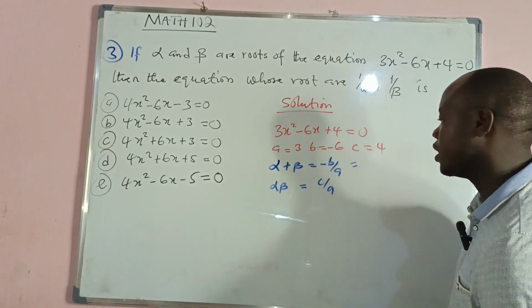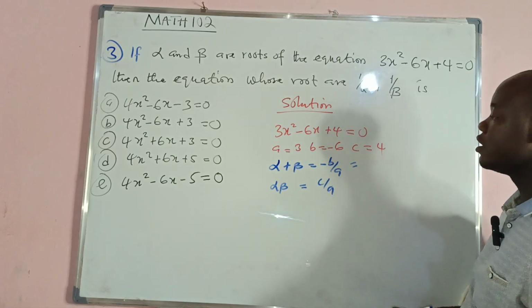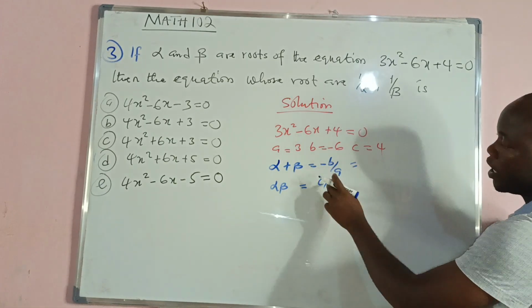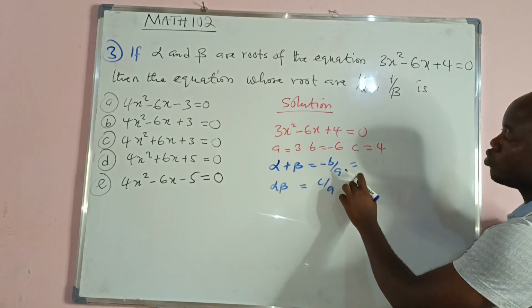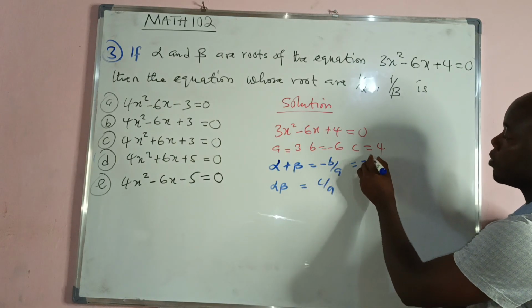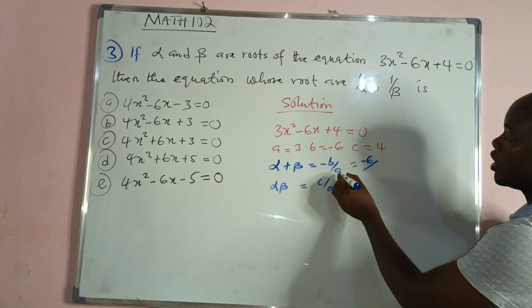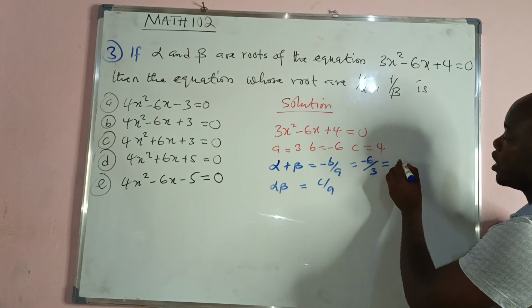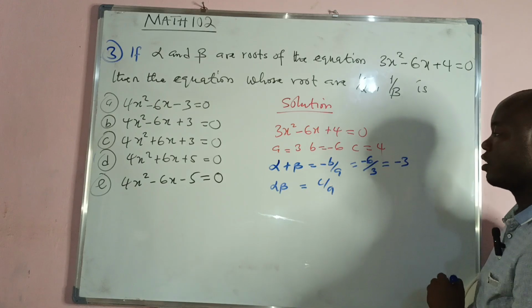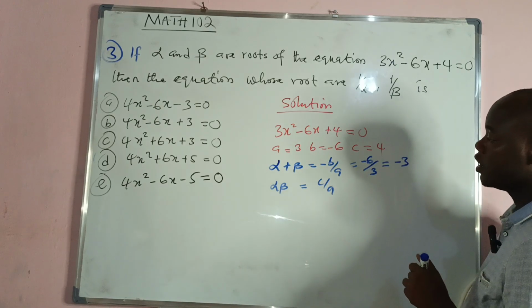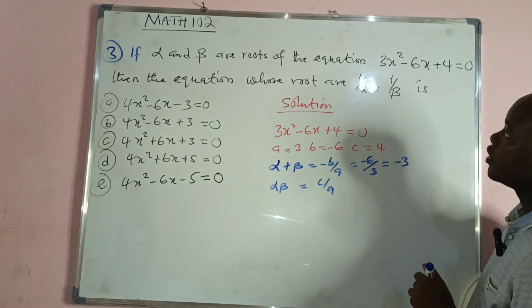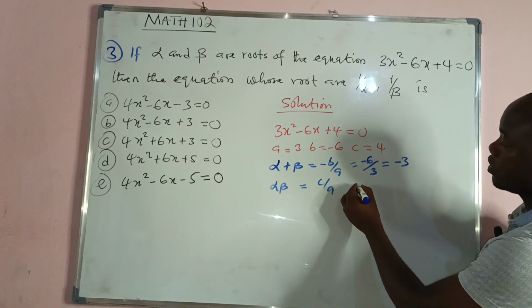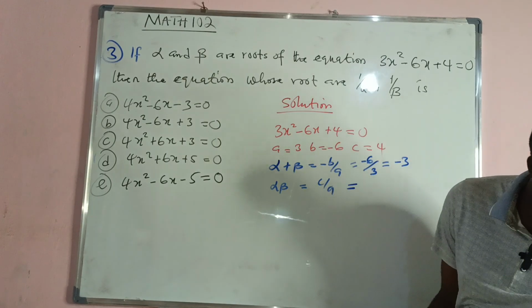So you can see from here clearly that we have minus b over a. The b here is minus 6 divided by a, which is 3. So therefore, this is minus 3. And then the next thing is c over a.